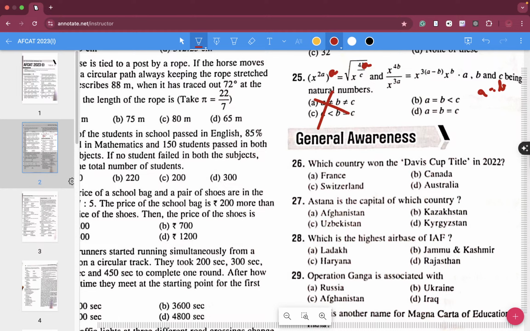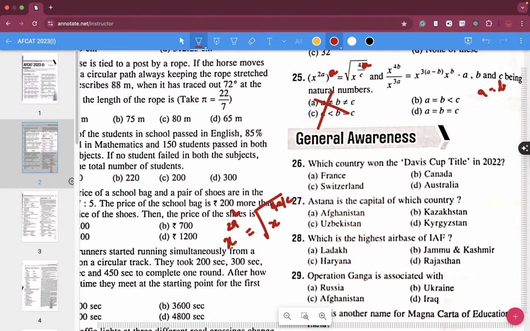So now x raised to the power 2a square is equal to root under x raised to the power 4a by c.